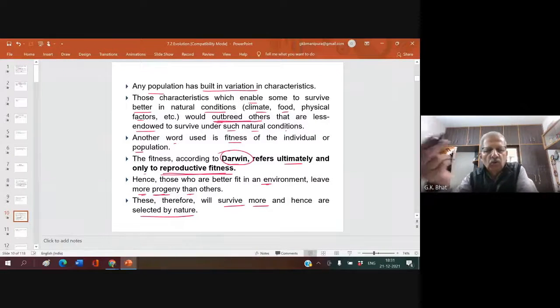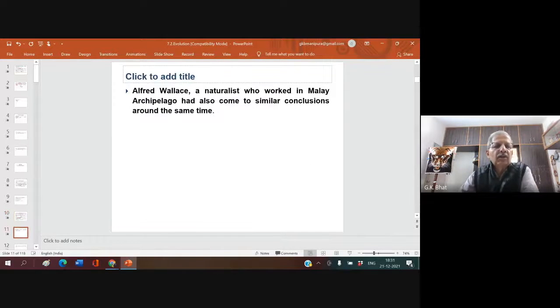So now, those who have survived in spite of this corona pandemic, we say that we are selected by nature. We are fittest and we are selected by nature. Alfred Wallace, a naturalist who worked in the Malay archipelago, had also come to a similar conclusion around the same time. I must tell about Alfred Wallace a little bit.